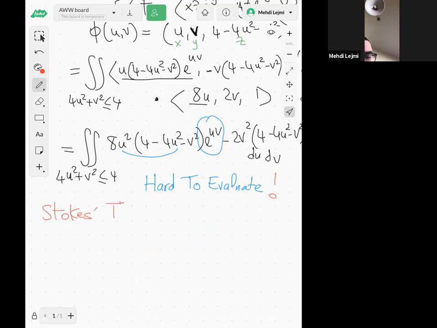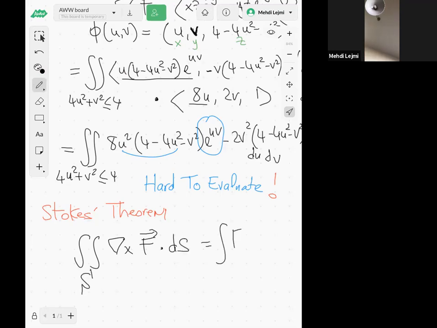What does Stokes' theorem say? Well, Stokes' theorem says that this integral of the curl of F over S would be just the vector line integral, the flux of F, the vector line integral of F along the boundary of S. Okay, so let's try to compute this.